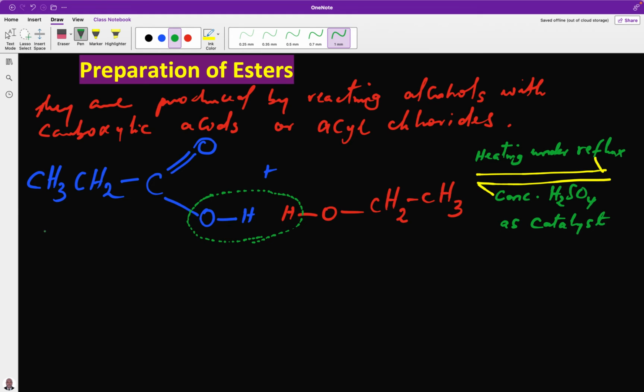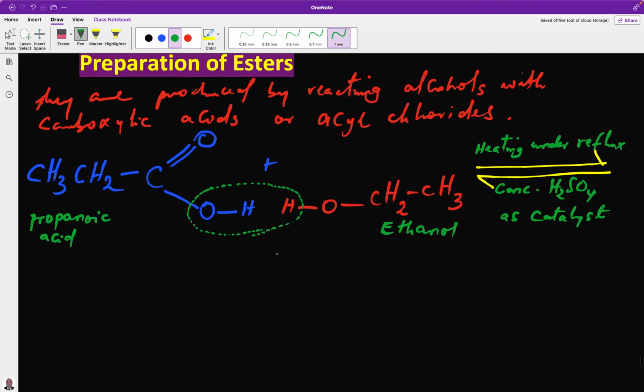Of course, this is propanoic acid, and this is ethanol. When this happens, a molecule of water is removed.